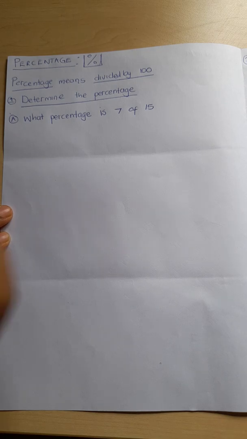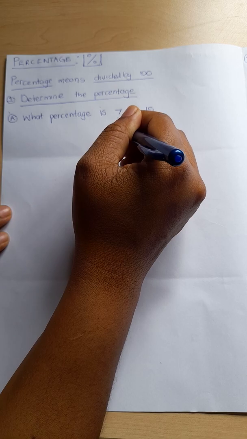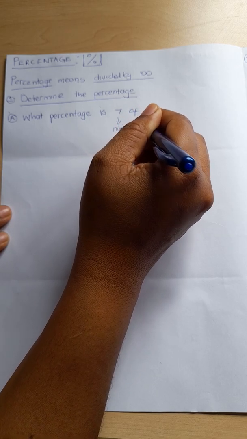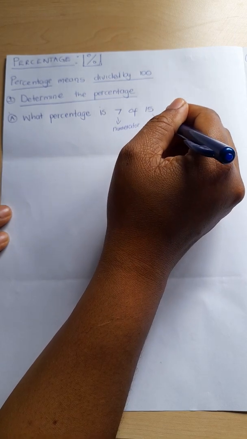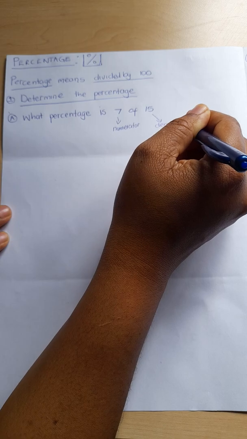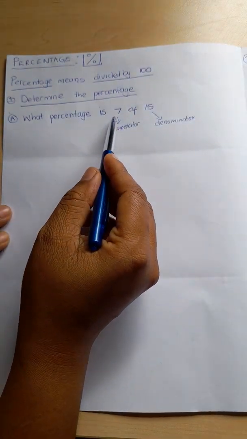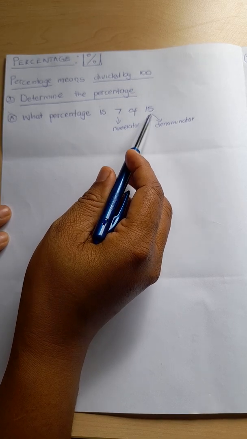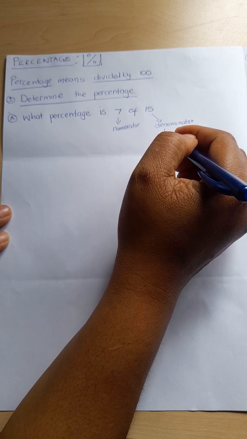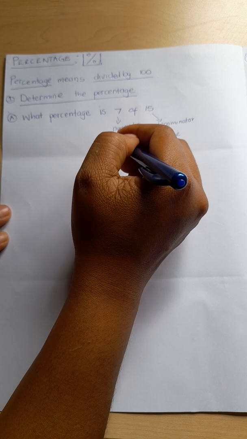Okay, so now this will be your numerator, and this will be your denominator. What percentage is 7 of 15? Okay, this again means the whole. The whole is 15, and this is the number of parts.